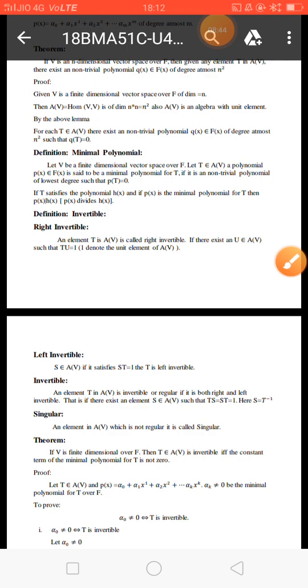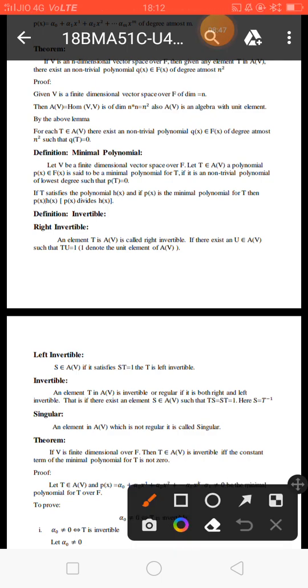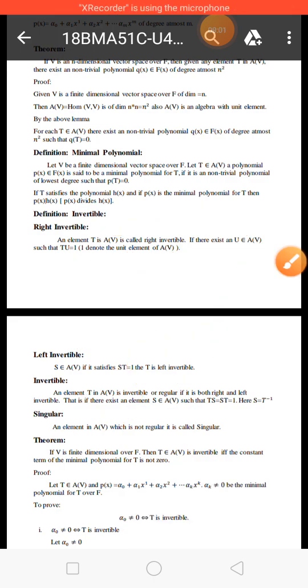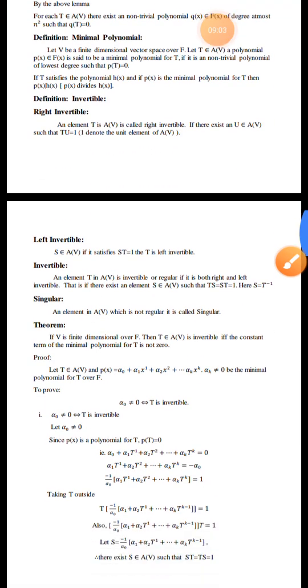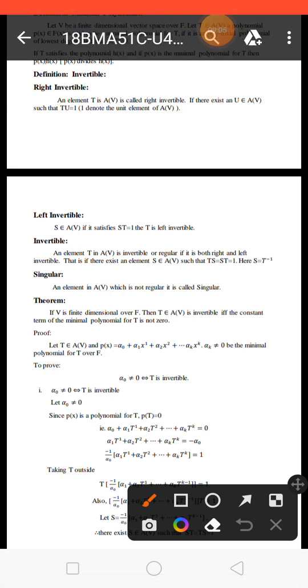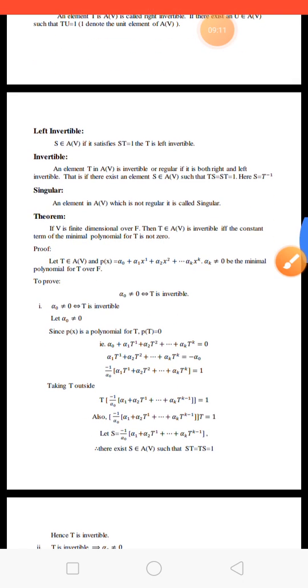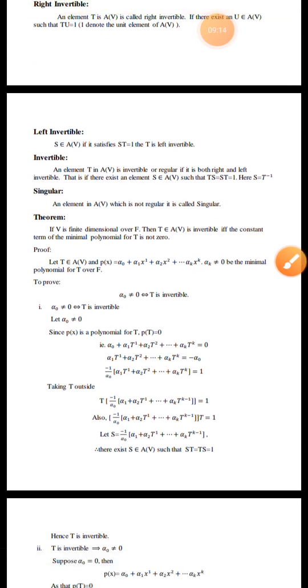Right invertible means an element T belonging to A(V) is called right invertible if there exists U belonging to A(V) so that TU equals 1. If UT equals 1, it is left invertible. Invertible means TU equals UT equals 1, that is, T is both left invertible and right invertible.